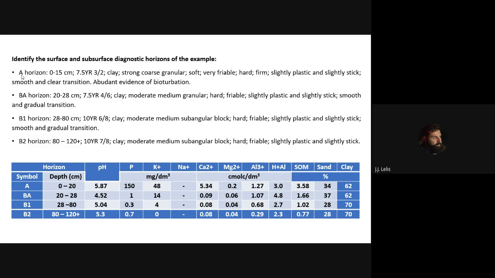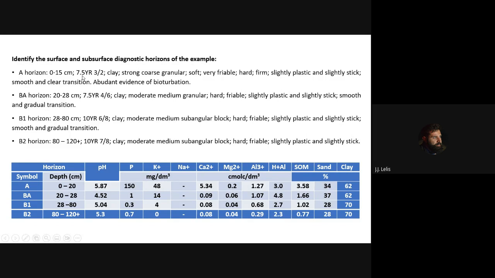The soil organic carbon is lower than 20%, and we can see here it is just 3.5%. It's not an organic horizon, not an H or O horizon. And this A horizon possesses 15 centimeters of thickness. So it's not so thick, but it's not so thin either.